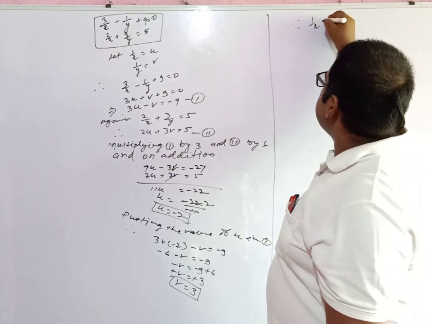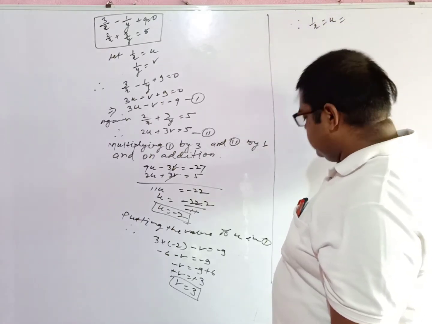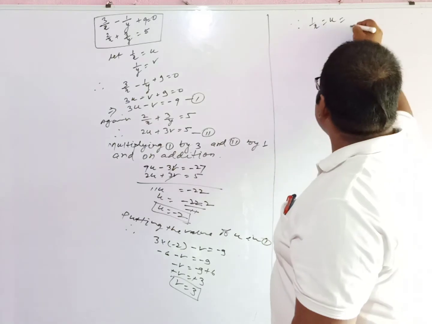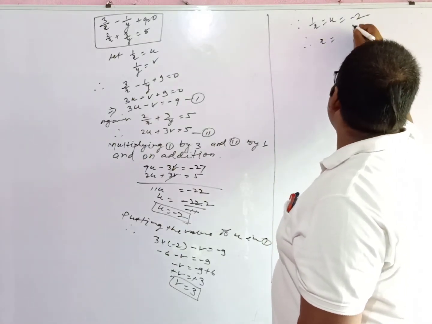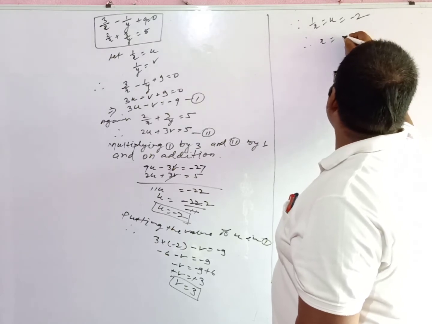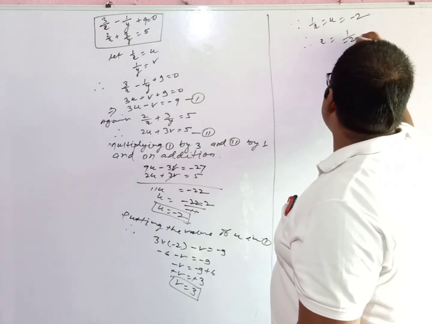Since 1 upon x is equal to u, and u is equal to how much? Minus 2. Therefore x is equal to 1 upon minus 2.